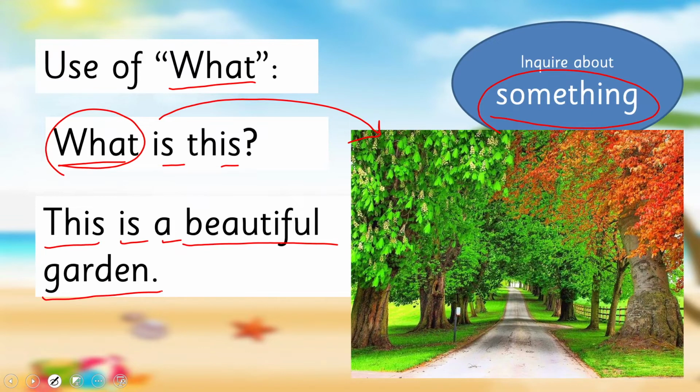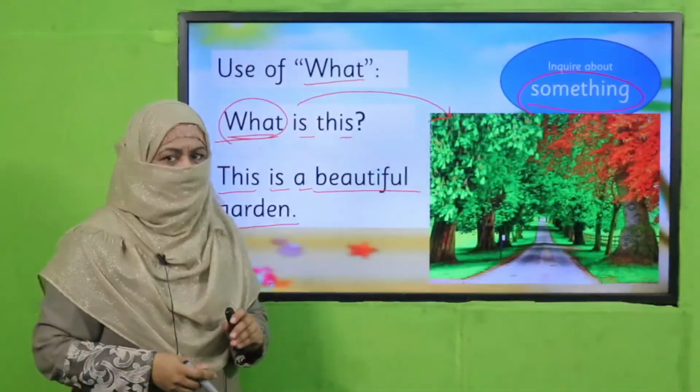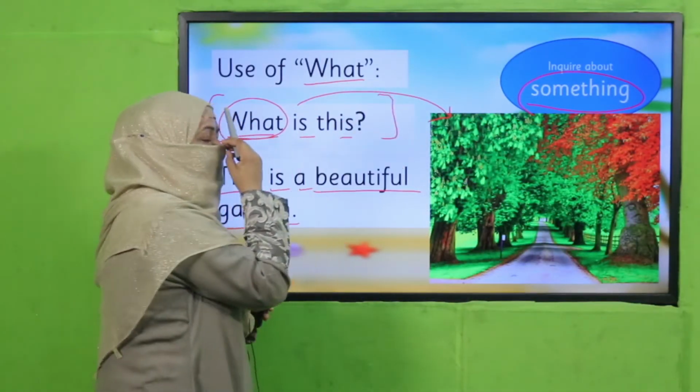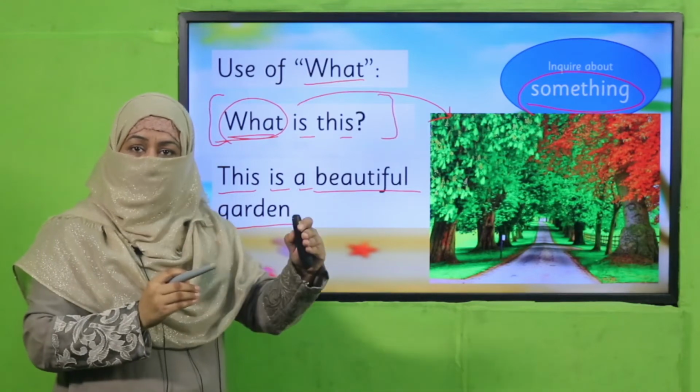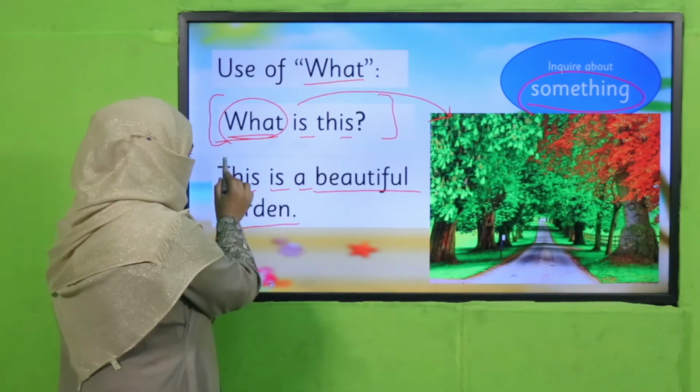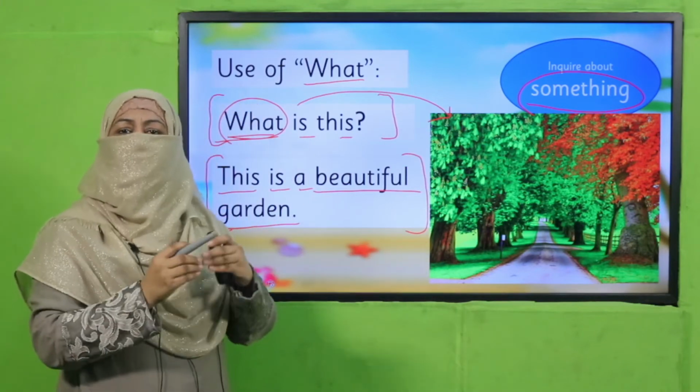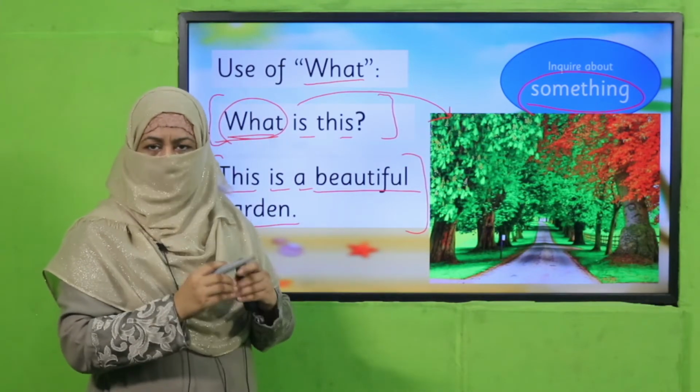Or this is a beautiful scenery. This is a beautiful place. Whatever it is, when you are being asked what, it means you have to tell about the thing you are being asked. Now, we have already discussed the use of what, but now we are learning a step ahead, how to respond. When you are being asked what, you have to tell about the thing which we are talking about, right?